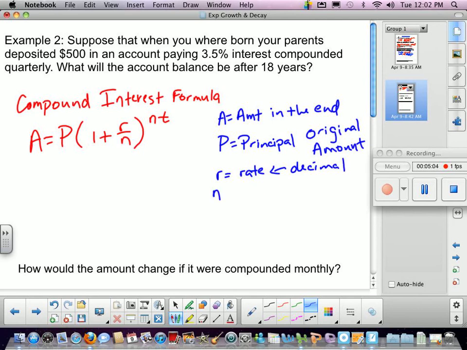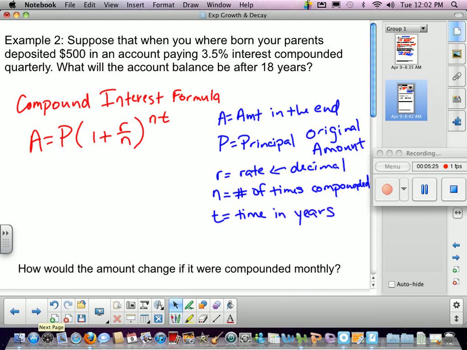N is the number of times compounded. And T is the time in years. So let's just go through and substitute in what we have in this problem.